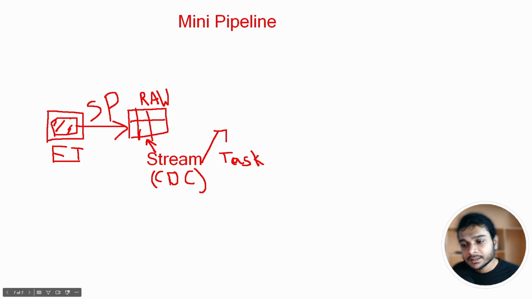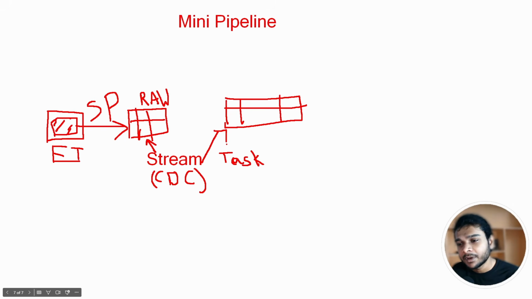In that task, we're going to merge the changes that are captured by the stream into the target table. We're going to create another target table. In between, we're going to do some data transformation, where the raw table only has the data type as string, but the target table has the data parsed in the right way.